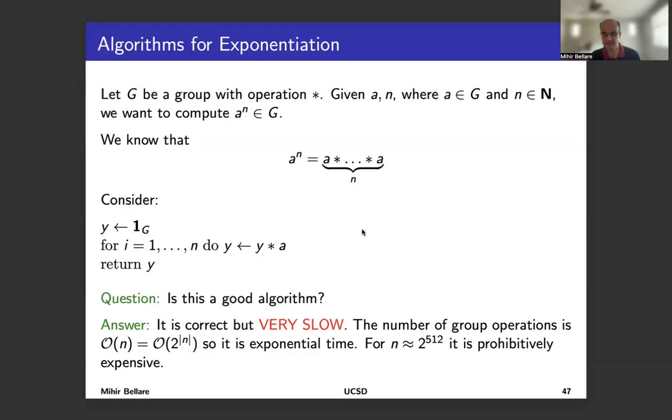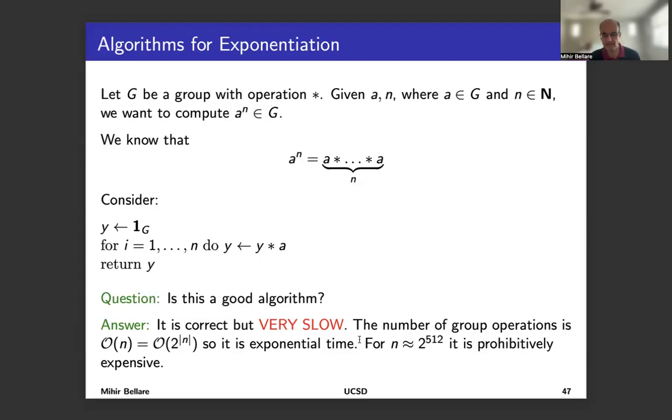We are raising to humongous powers, powers that themselves may be of this form, 2 to some 512. That means that this algorithm would run for 2 to the 512 steps, which is prohibitively large. So that won't do it at all. If that's what Alice and Bob had to do for Diffie-Hellman key exchange, we would not have a practical protocol.